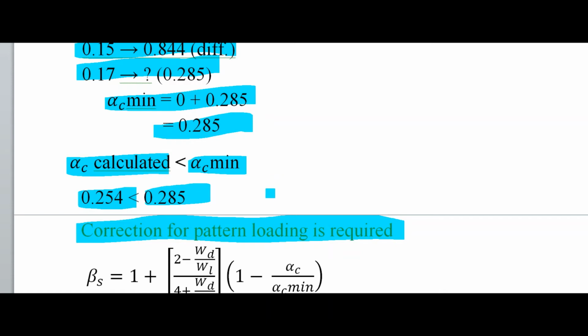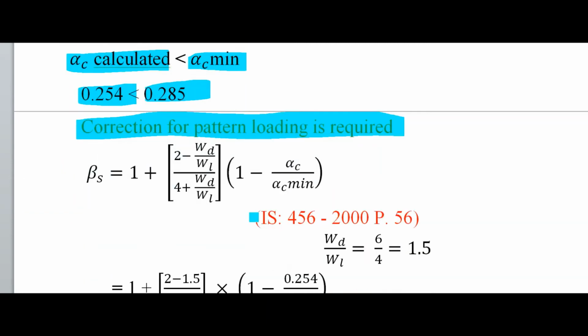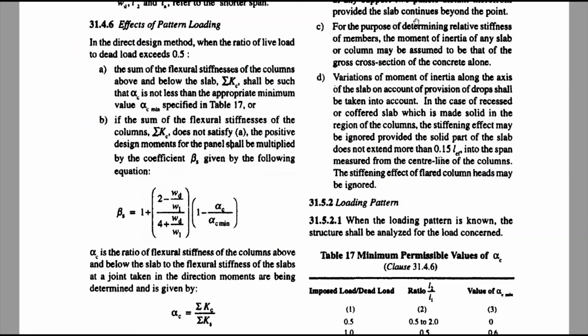Right? So for the pattern loading we have an equation from IS 456 2000 page number 56. Let's check. Okay, so here is the equation. BS = 1 + (2 - WD/WL) / (4 + WD/WL) × (1 - alpha C) / alpha C minimum. Right? In this equation WD is the dead load, WL is the live load.